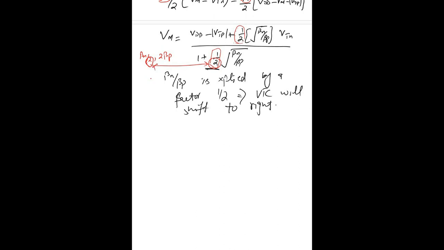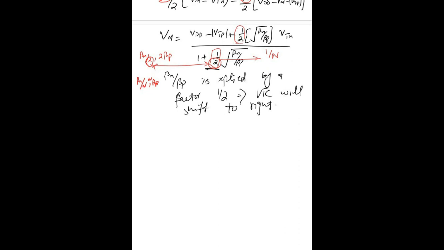Or we can also write, if we have n number of transistors, beta n by n or n beta p. So this term will be equal to 1 over n here, and we can replace this term with 1 over n. If we increase the number of transistors, then the VTC will shift.